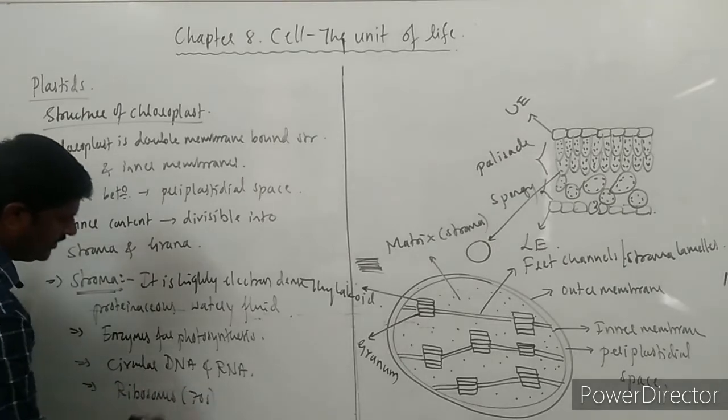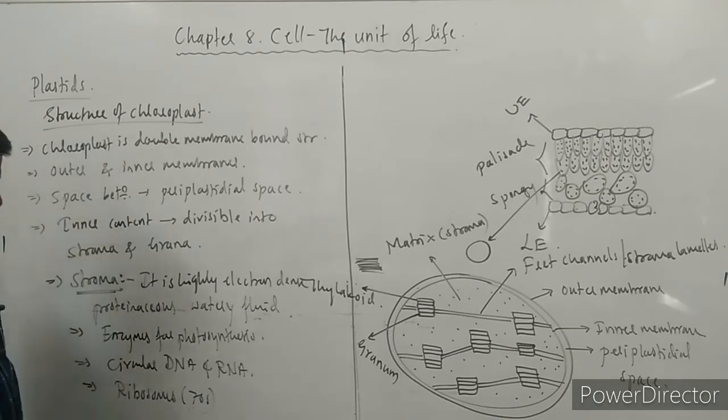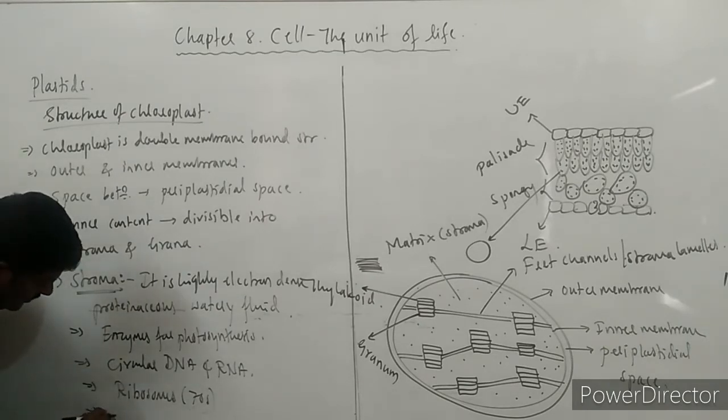They are 70S type ribosomes, right? Circular DNA is there, RNA is there, ribosomes are there, and so many proteins are also present.